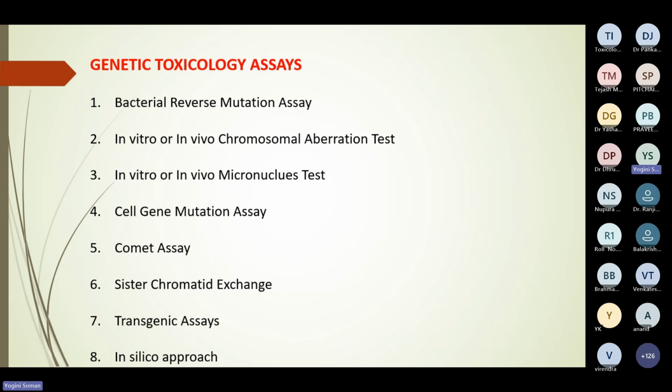The third is the in vivo micronucleus test, or you can conduct the in vivo chromosomal aberration test. The fourth genotoxicity assay is the cell gene mutation assay, then the comet assay, sister chromatid exchange assay, transgenic assay, or there are in silico approaches, like the use of Vega software for in silico detection of genotoxic impurities.